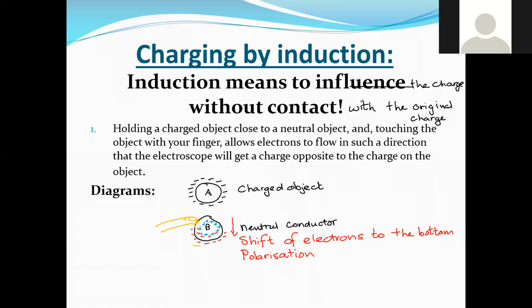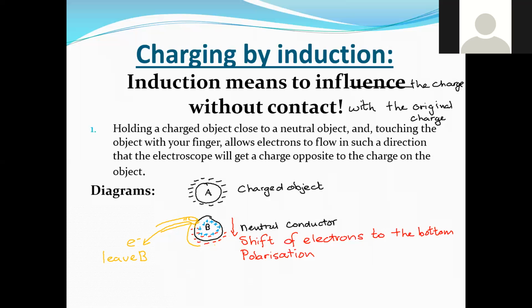So these electrons will flow through your finger. The human body is a conductor. Electrons will leave B. So A hasn't touched B, but if you touch B with your finger, the electrons that were pushed down to the bottom will flow out of B through your body to the earth.